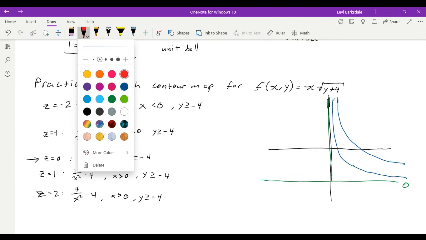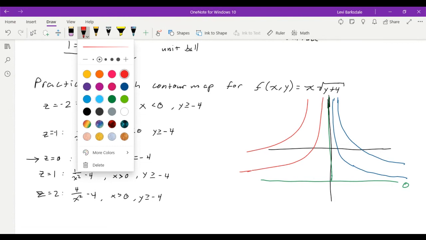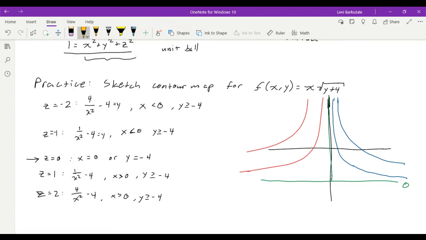Then for the negative values, we only want to consider the negative x's. And it would kind of just be a negative symmetric version of something like this. And what that tells us is we have a pattern where our function starts off really high over on this side and it slopes down this way.